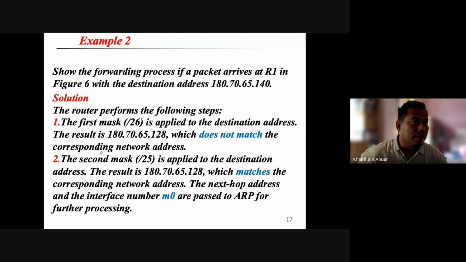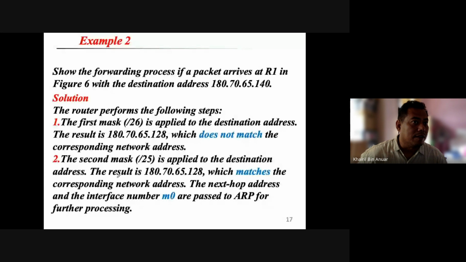The first mask 26 is applied to the destination address, and the result is 180.80.65.128, which does not match the corresponding network address because this is with slash 128 itself. So it doesn't match with the slash 26, and it will move to the next one.